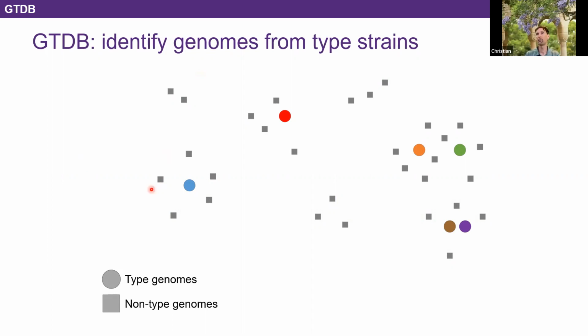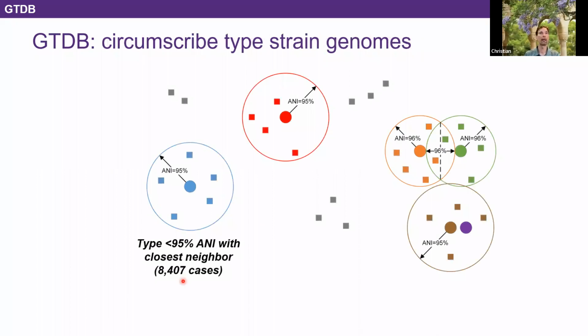And you can see we identify those based on LPSN, based on what's in the literature. So that helps us. And then from there, we can apply our ANI cutoff, and that is a 95% ANI. Within that radius, that is considered to be one species.